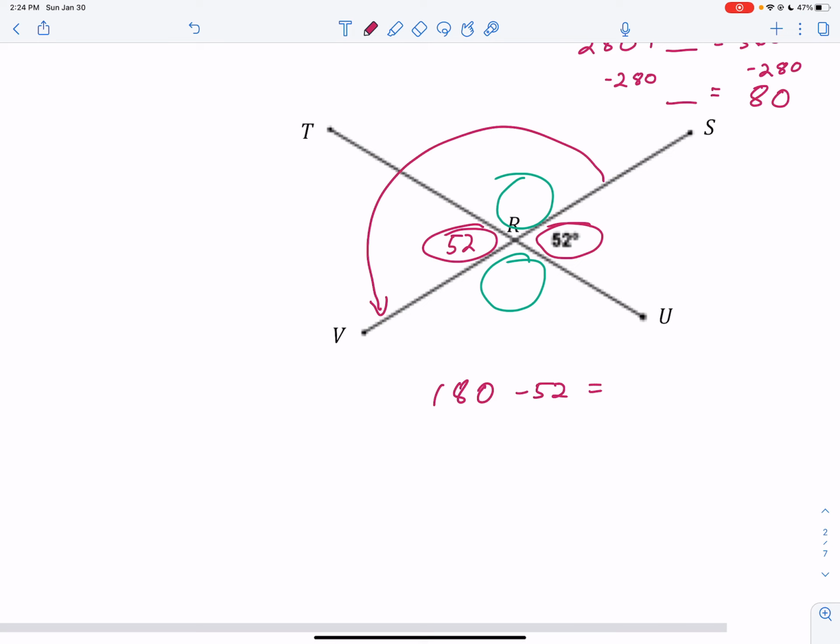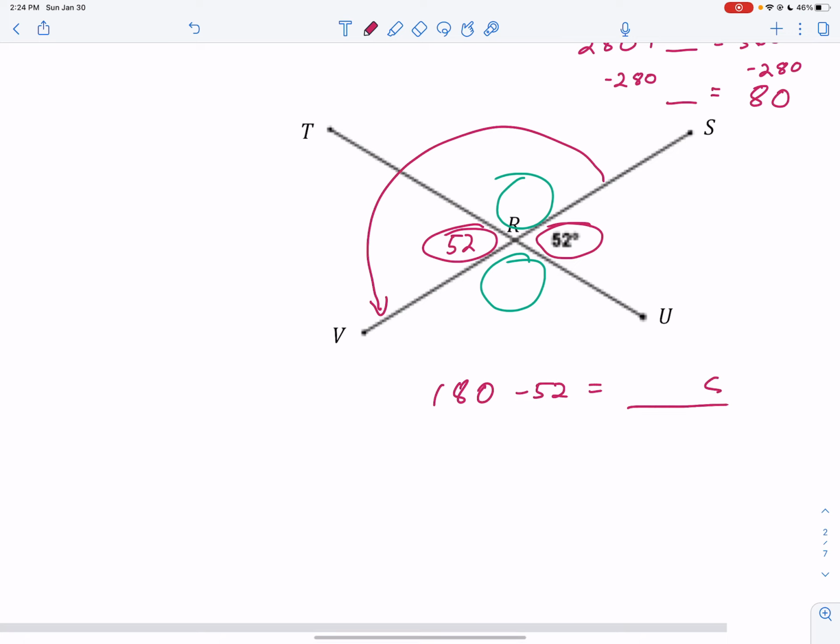And I'd get that by saying this angle right here plus 52 is equal to 180, and then I do the algebra, or I just subtract them straight out. It doesn't really matter. You can go back in the video to see how I did it before with the other notation. But either way, we'd figure out what this angle right here is just by doing that.